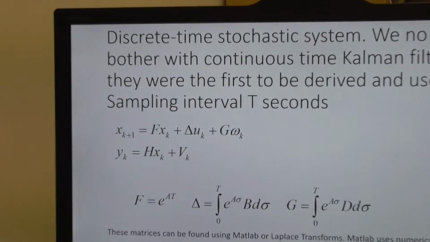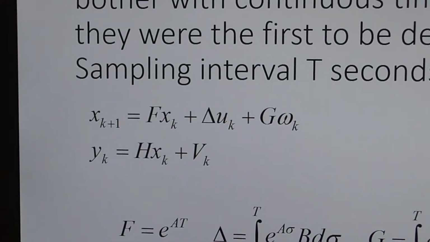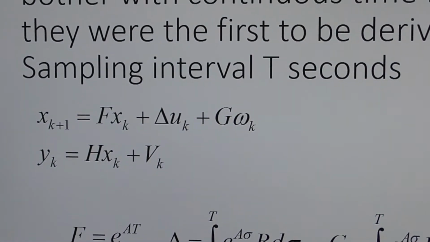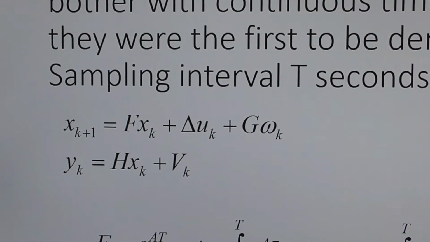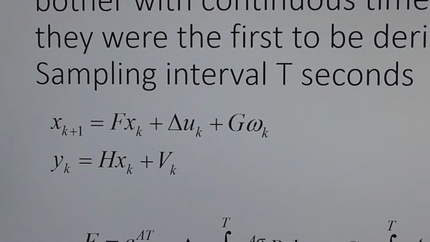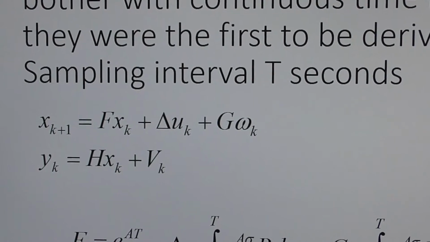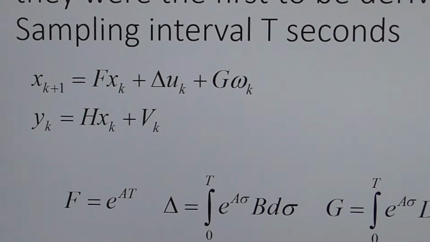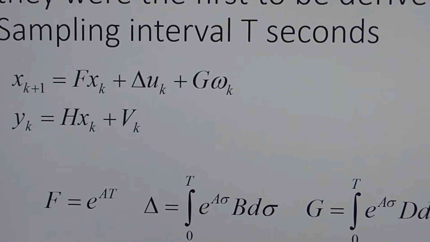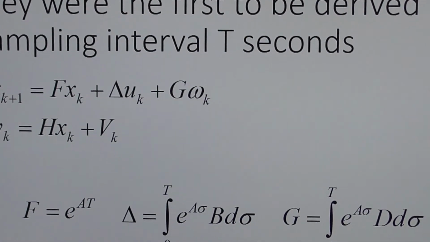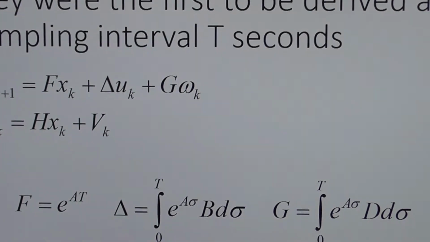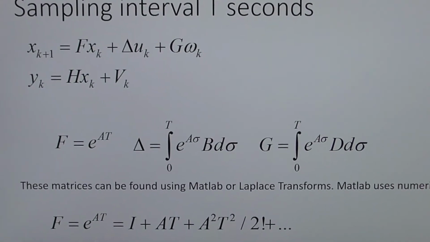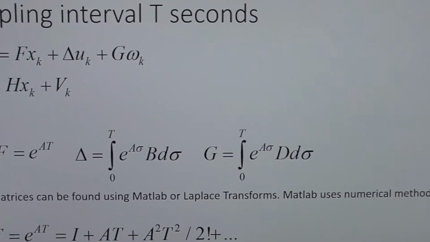So the discrete time state space model is here. x(k+1) equals, we call it F instead of A, F x(k) plus Delta u(k) plus G omega, and the output y equals H x(k) plus v(k), where v and omega are the noise terms, white noise terms. They've got zero mean and particular variance, and you can get these matrices from the continuous time case with F equals e to the AT and those integrals.